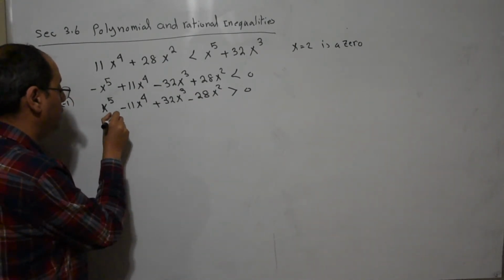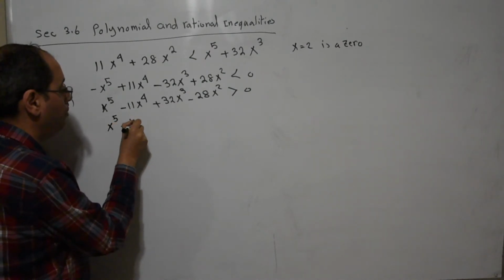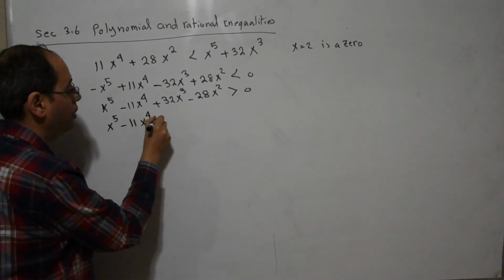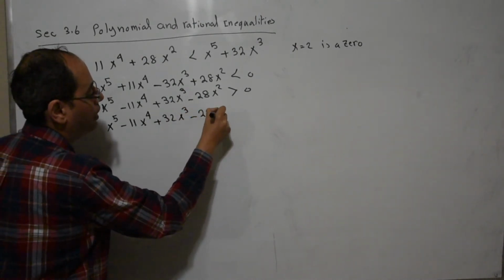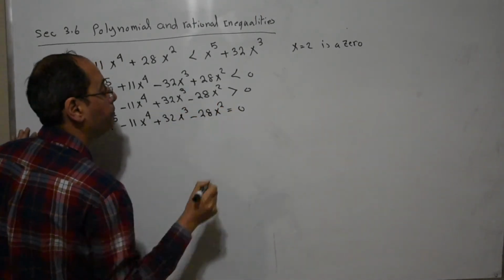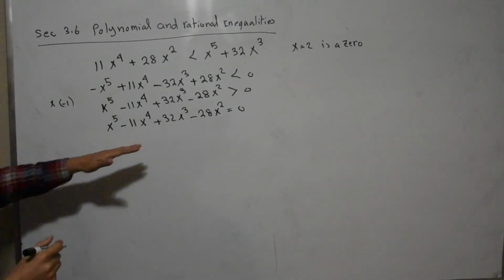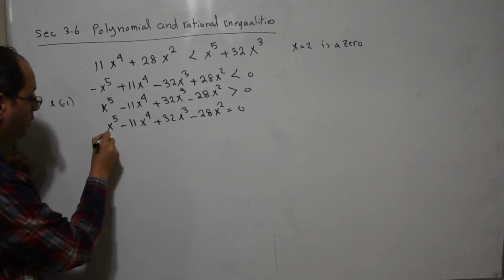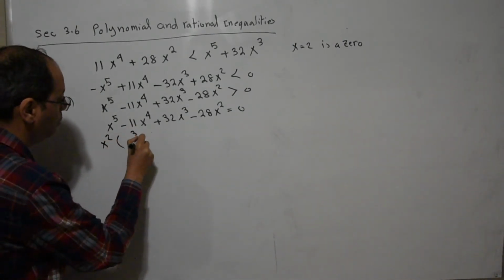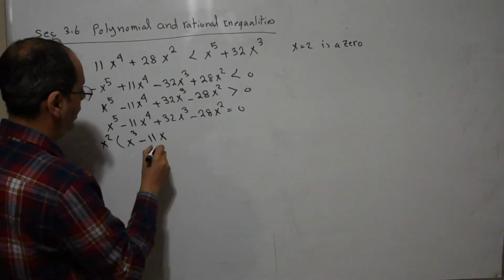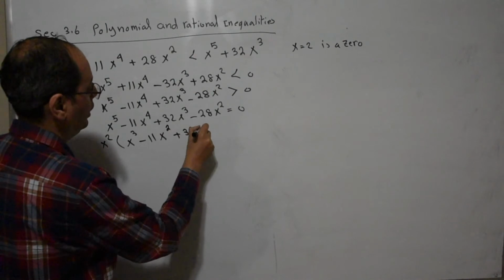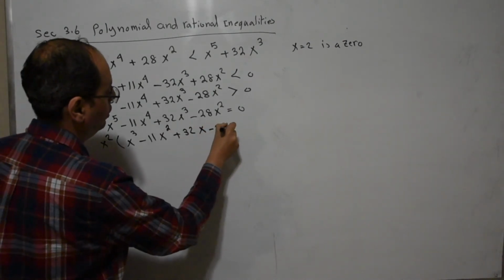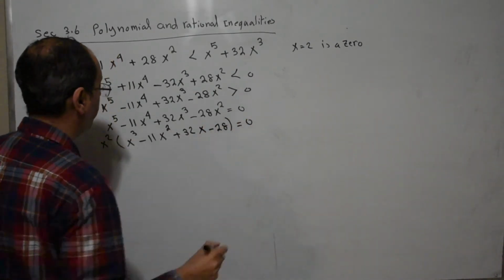So I'm going to set this x to the fifth minus 11x to the fourth plus 32x cubed minus 28x squared equals 0. Alright, I'm going to factor x squared. So I have x cubed minus 11x squared plus 32x minus 28 equals 0.